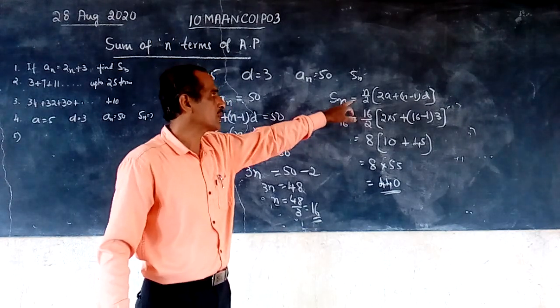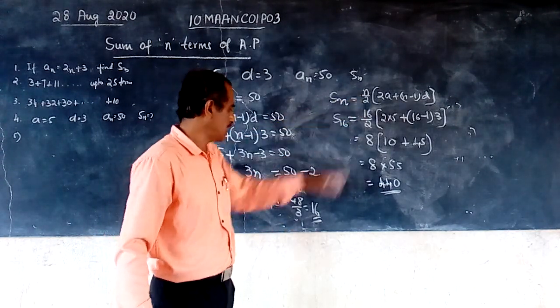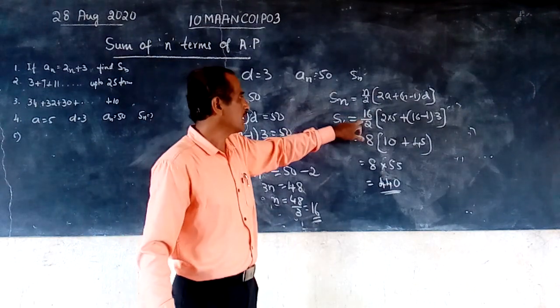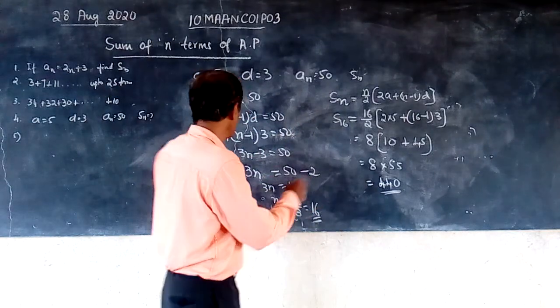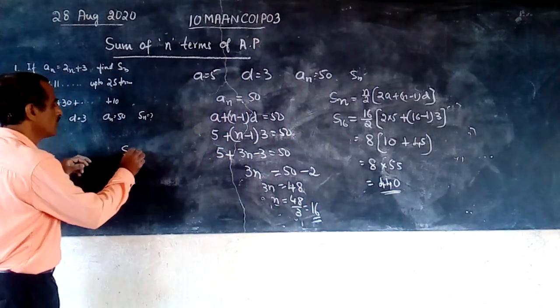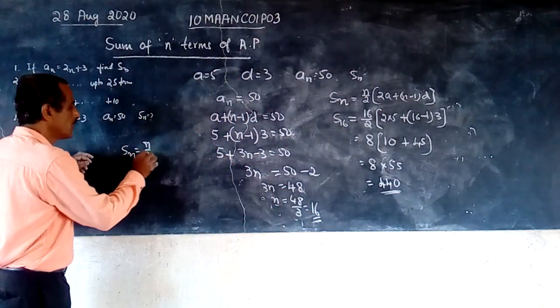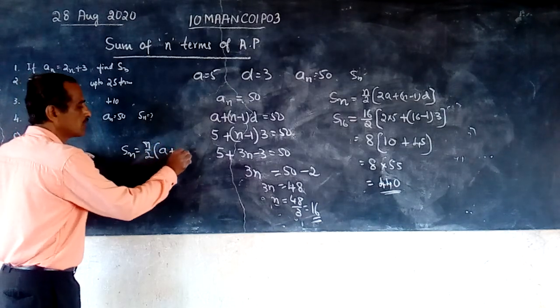You got n. After getting this n, you can also use a plus an because an you know. Sn is equal to n by 2 into a plus an, as I told you just now.